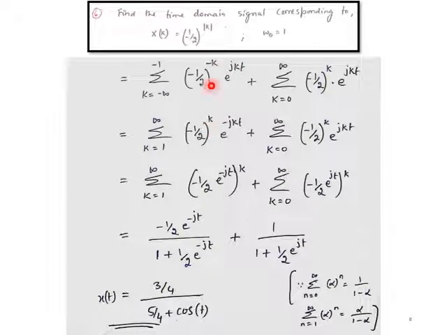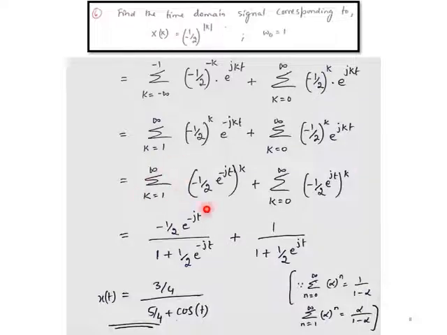So minus k becomes k, and the summation lower and upper limits are interchanged with the positive sign, plus summation k equal to 0 to infinity minus half to the power k into e to the power jkt, as it is. Next, taking k common outside, we get minus half e to the power minus jt whole to the power k, and here minus half e to the power jt whole to the power k.